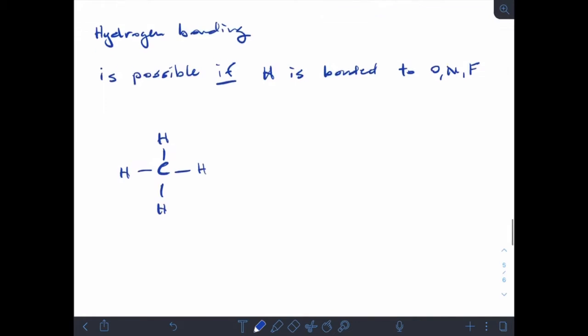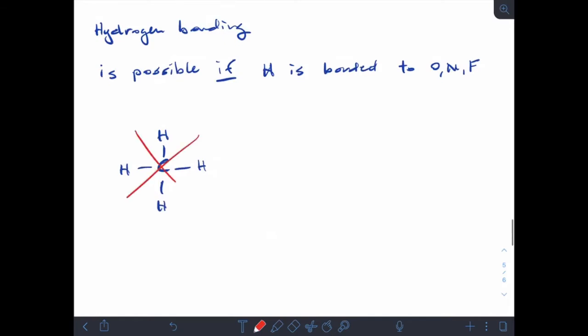There is no hydrogen bonding from this. You have to have oxygen, nitrogen, or fluorine bonded directly to a hydrogen. So, the best molecule in the universe.